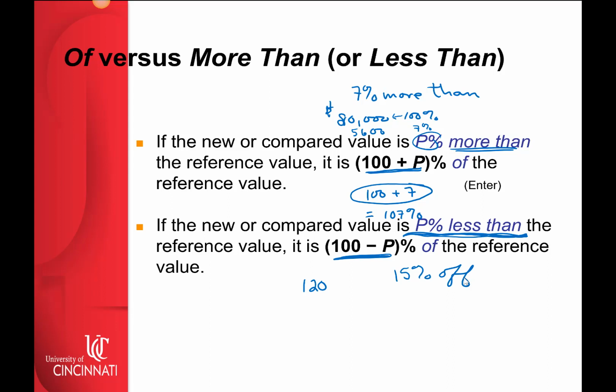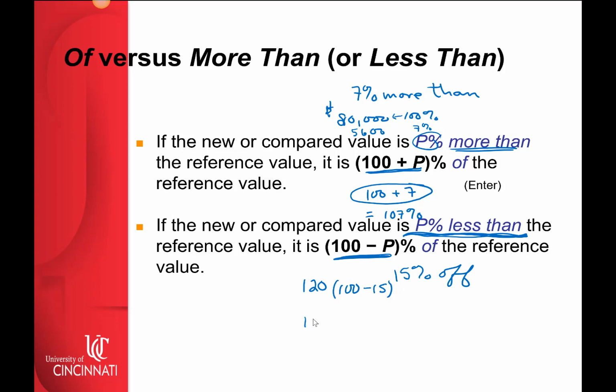The other way you can do it is you can say, well, it's 100% and it's 15% less. So you're really going to pay what percent of the original price? Yeah, 85%.